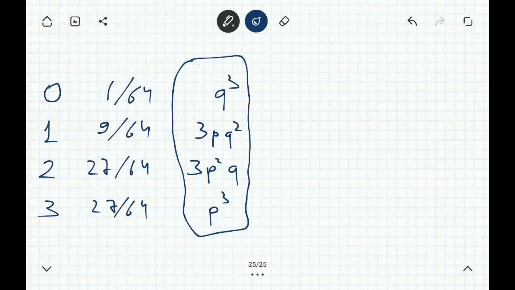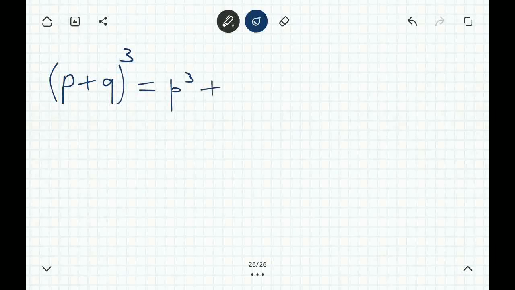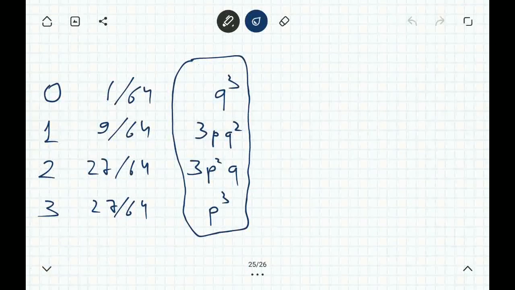So if we add those things up, we will get the special product (p plus q) cubed, which is p cubed plus 3p squared q plus 3p q squared plus q cubed, right? And each term in here is the probability for this.